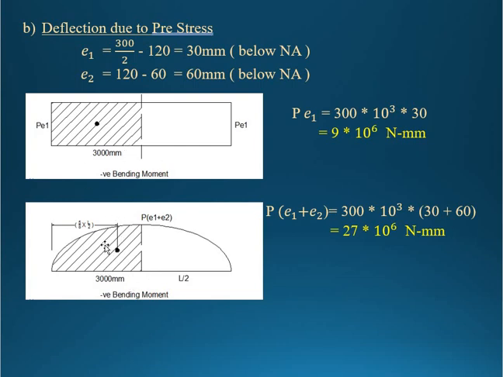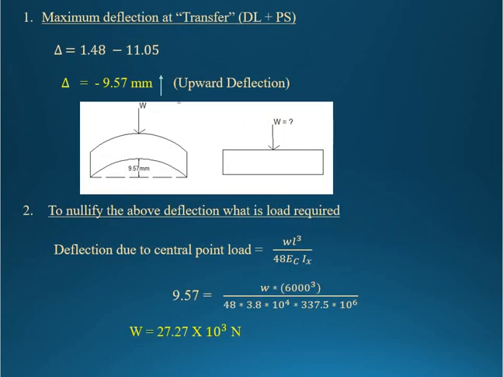In bending moment, if the cable is present below the neutral axis, then it will be negative. If the cable is present above the neutral axis, then it's positive. But here if it is negative, then deflection is upward. If it is positive, then deflection is downwards. This is for the first case.